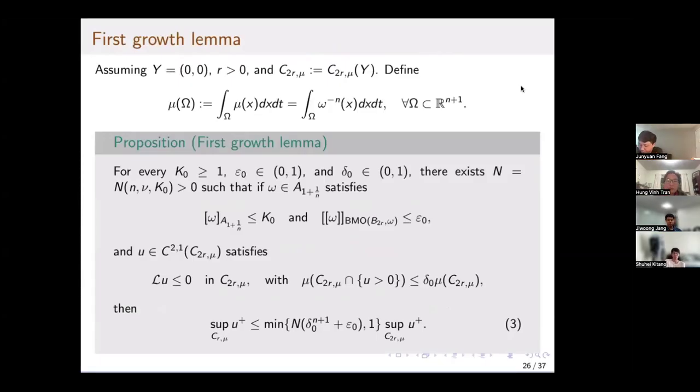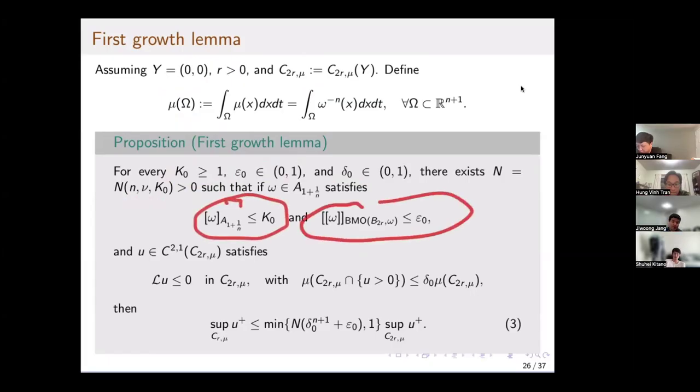If we assume the origin is the point, and this is the weighted cylinder, the measure we denote by mu omega, this integral. Our first Galois lemma says if k is not bigger than 1, epsilon is some quantity between 0 and 1, and delta naught is also in (0,1), then there is an n depending on n and k such that the first condition and the second condition hold.